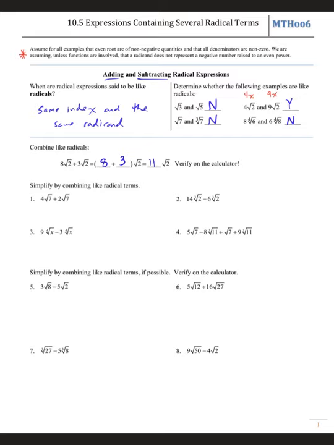The nice thing about being able to use the calculator is that when you're working through all of these simplifying problems, you can always check them so you know if you got it right or wrong. For the first one, I'll do 2 with you and then I'll let you work through the other 2 on your own. Let's start with number 3. We have 9 times the 4th root of x minus 3 times the 4th root of x. Again, keep in mind this is very similar to just having a variable.